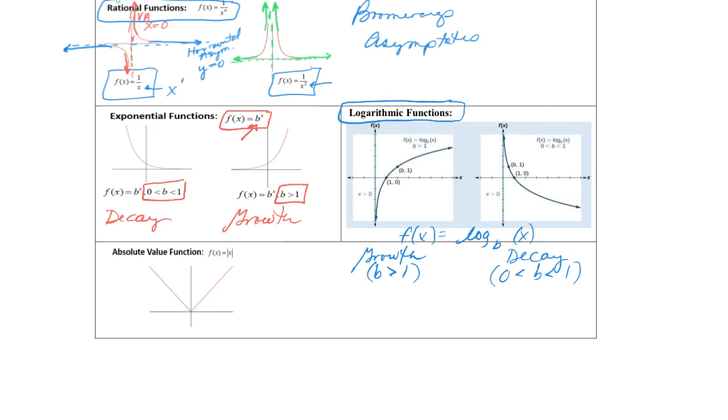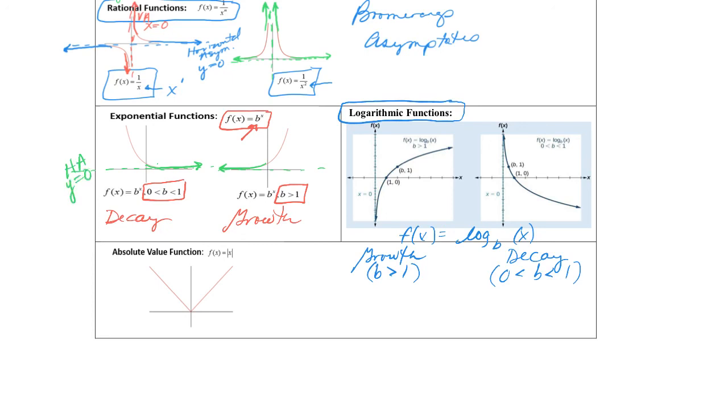Now, a couple things to note here for my exponential and logarithmic functions is they also have asymptotes, just like rational functions have asymptotes. So look back over to the left, exponential functions here, and you can see they have a horizontal asymptote here at y equals 0. The graph comes down, gets very, very close to that asymptote, but never touches, never crosses. So we have a horizontal asymptote at y equals 0.